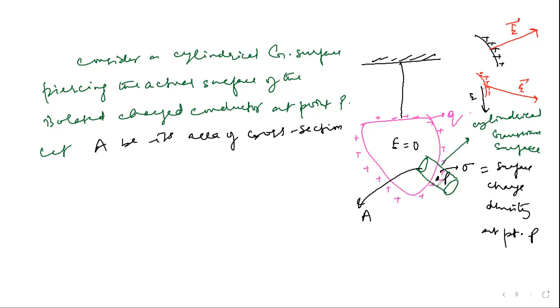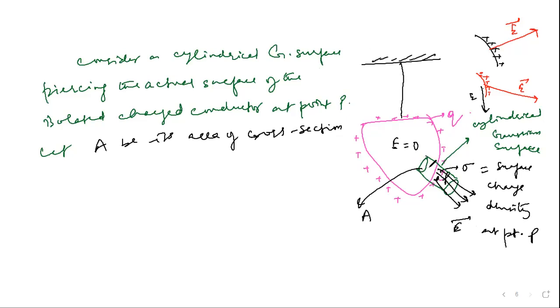Therefore, the electric field will be somewhat like this. This will be the situation of the electric field outside the body of the conductor, right? That means the electric flux through my Gaussian surface will be contributed only by this outer end cap.